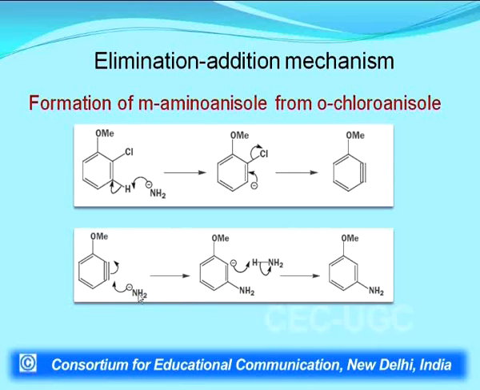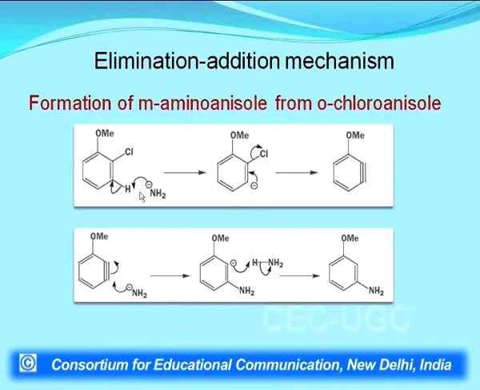So, when this amide attacks here, negative charge will come on this carbon, and this negative charge is stabilized by the inductive effect of the oxygen of this methoxyl group. Whereas, if amide comes here, the negative charge will come here where there is no stabilizing factor. So, out of the two possibilities, the major product is formed by the attack of amide on this carbon. The negative charge comes here, which captures hydrogen, and we get this meta amino substituted anisole as the major product.